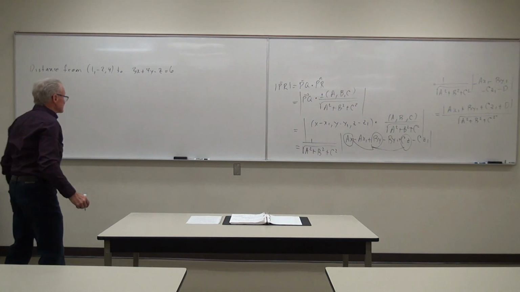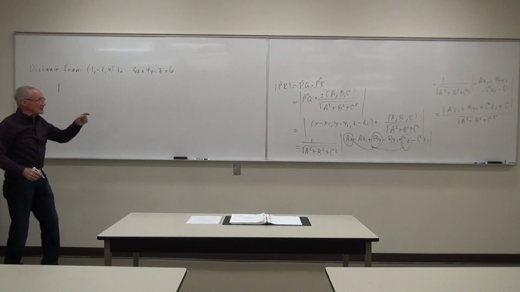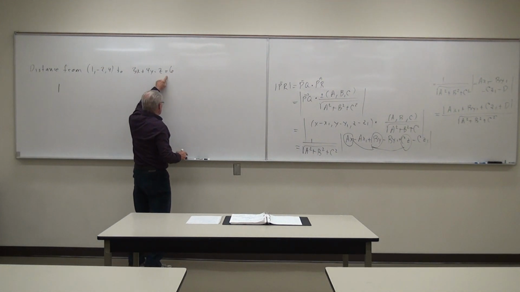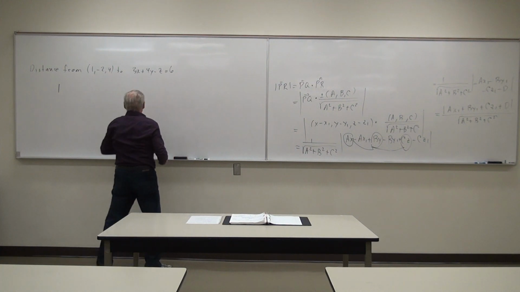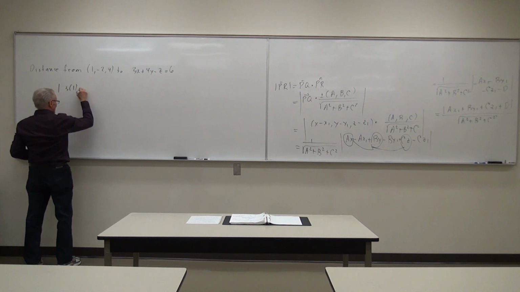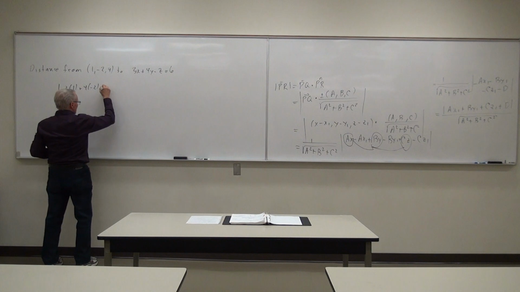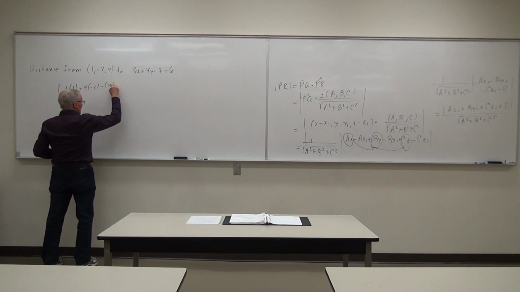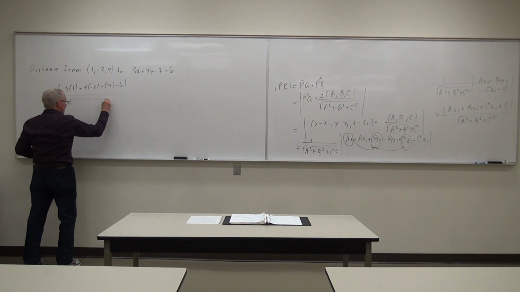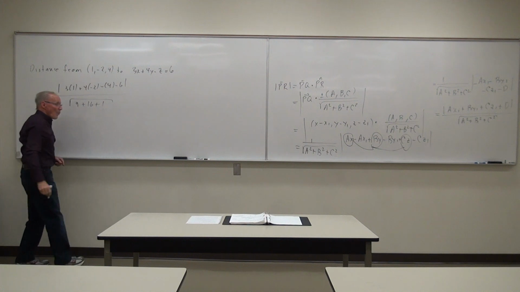You got a formula. That's it. Distance is the absolute value. You take the equation of the plane, but remember that d, you need to take this guy and put it on that side. So I take 3, put in 1 for the x coordinate, plus 4, put in minus 2, minus z, put in 4, minus 6, over the square root of 9, 16, and 1.